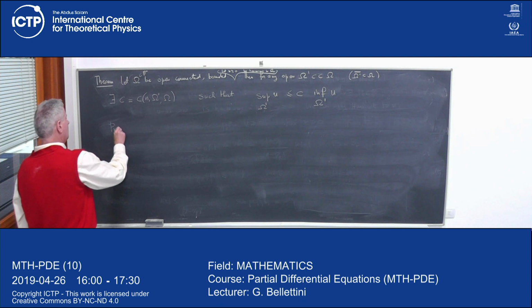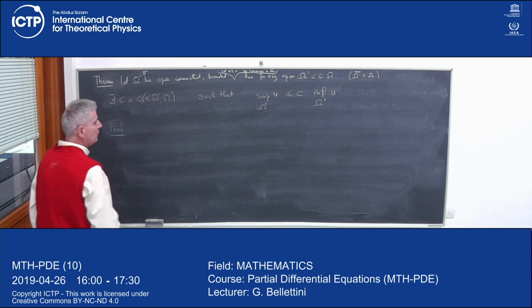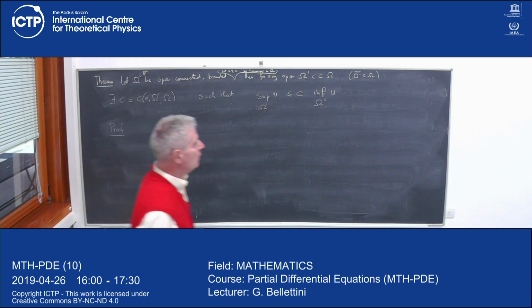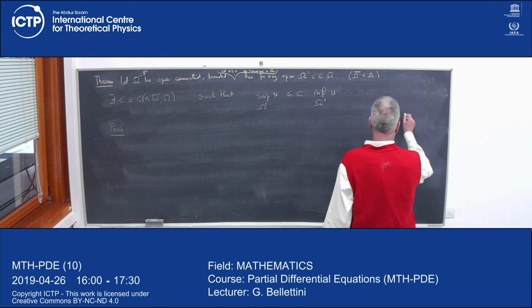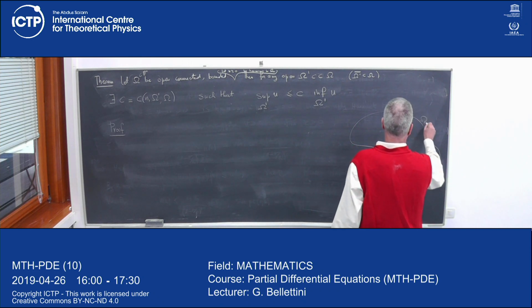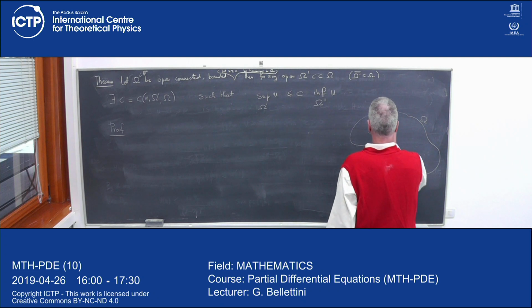Can you see the proof of this? It's not easy. This does not completely immediately follow from the previous one. So I think that the idea is the following. So you have omega. Then you have omega prime.